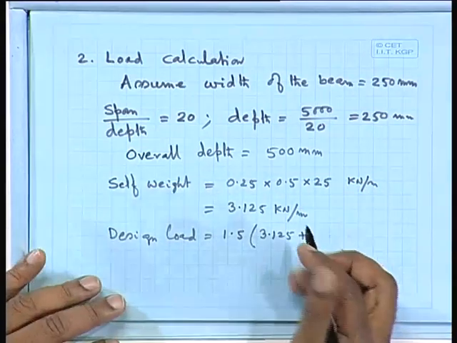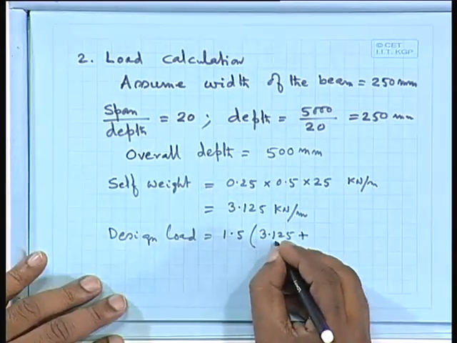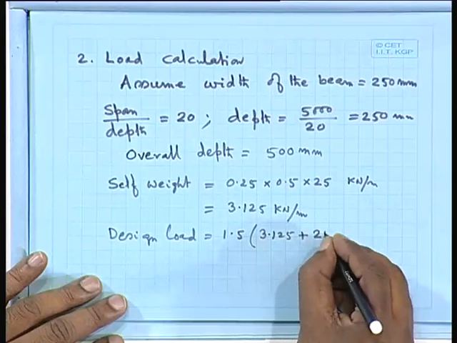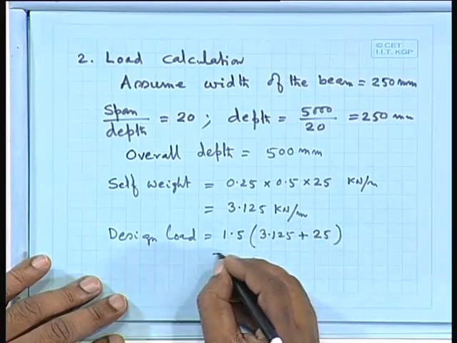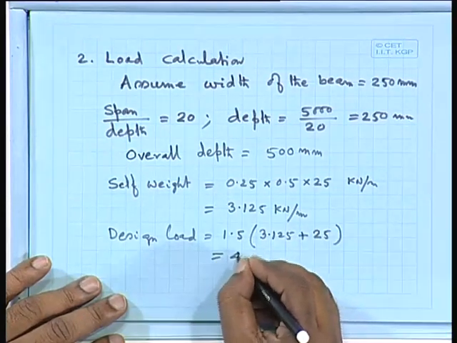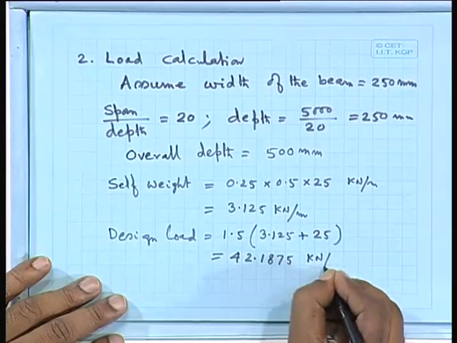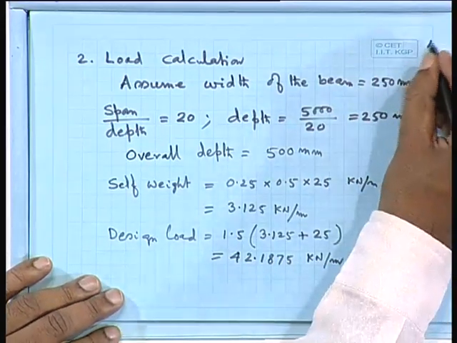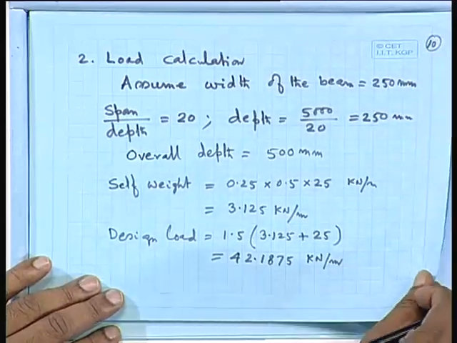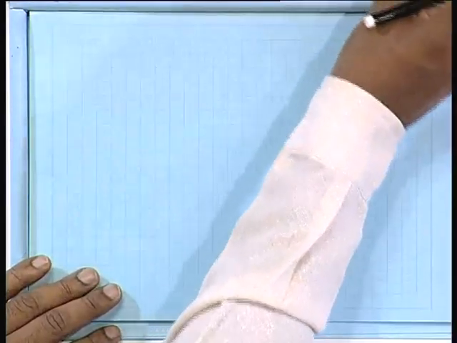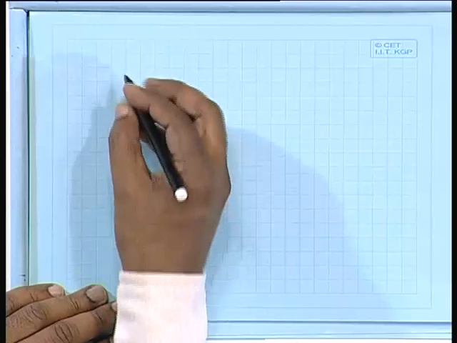So 1.5 times 3.125 plus 25, that is the live load, which comes as 42.1875 kilonewton per meter. What about the bending moment?